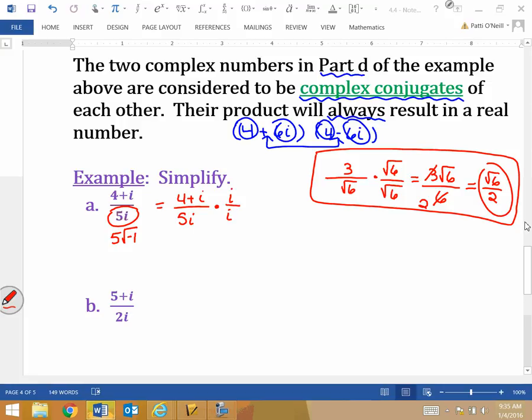That's the equivalent of multiplying by the square root of -1 over the square root of -1. And when I do that, this i in the numerator gets distributed through. So we have 4i plus i squared over 5i squared.